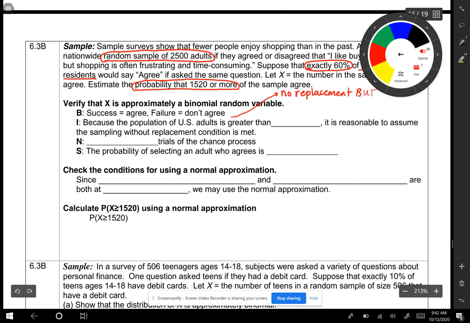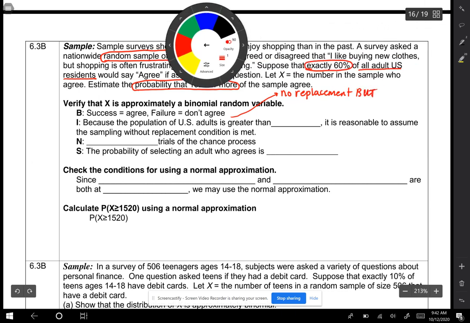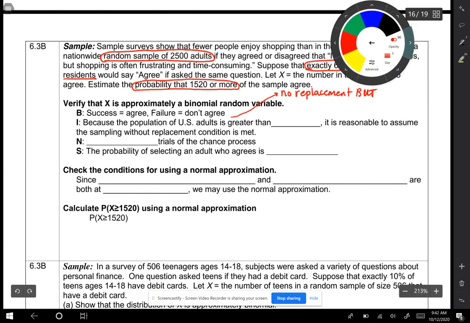But remember, we're going to see if it meets the independence rule. Because the population of U.S. adults is greater than, and so what you would do is take the sample size, 2,500, times 10, and that would give you the population, or capital N, to be 25,000.